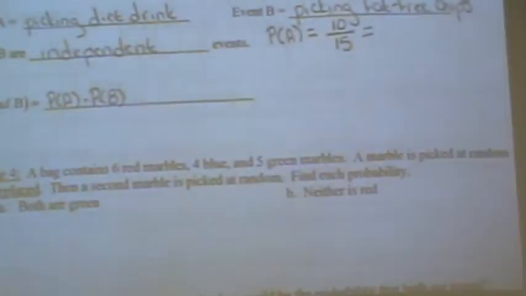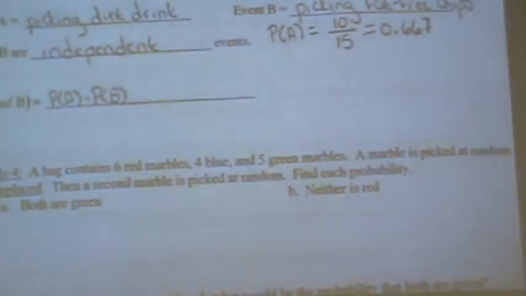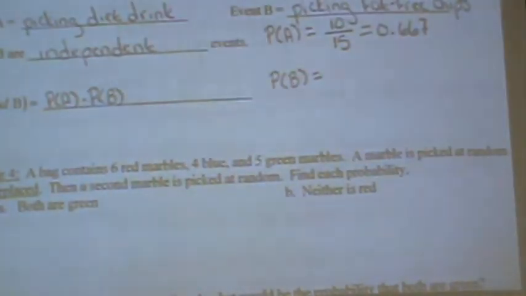And we want to get that into a decimal. So this is going to equal 0.667. And then we need to find the probability of B. Now the probability of B is finding the probability of picking fat-free chips.